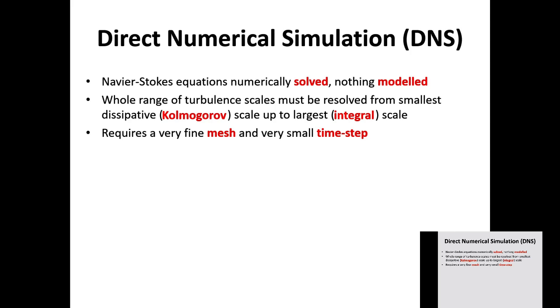Because if your eddy size is that, you need to have at least a few grid nodes in that eddy. Okay. So therefore, your grid has to be very fine.